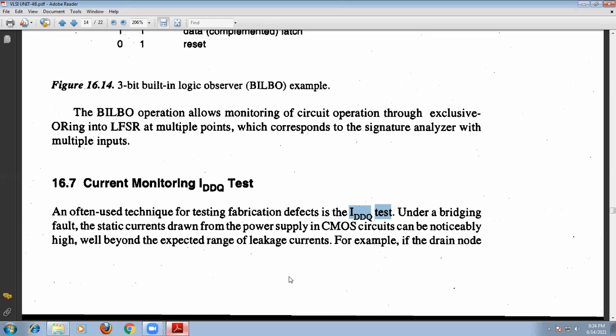In order to design this IDDQ test, we consider circuits with low static current states.